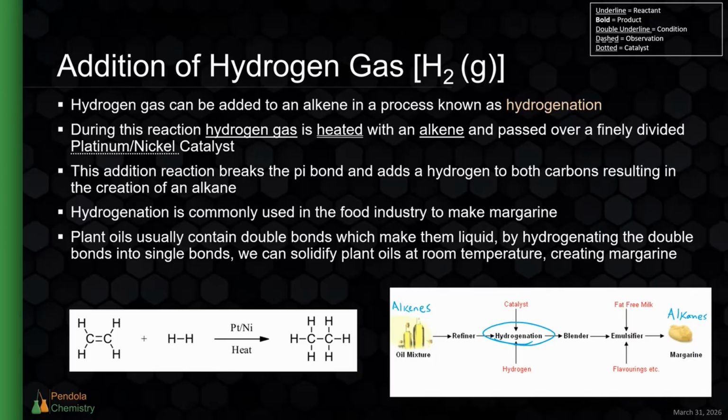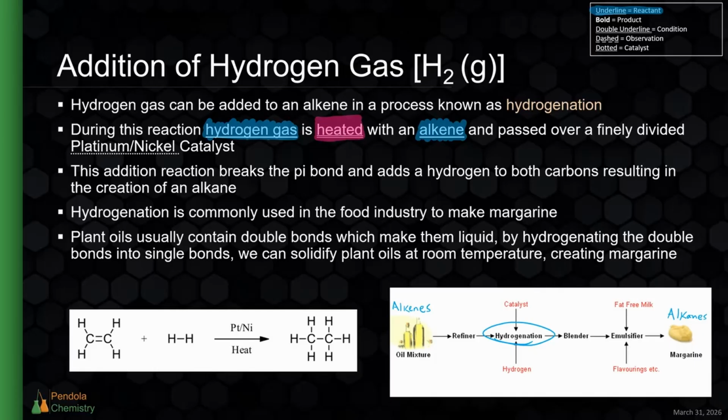Now, hydrogenation, how does it work? Well, during this reaction, what we are going to do is grab hydrogen gas, which is going to be one of our reactants, and mix it with an alkene, which is our other reactant. So we're reacting hydrogen gas with an alkene. During this reaction, that mixture needs to be heated. So we're going to grab hydrogen gas, heat up the alkene, and mix them together.